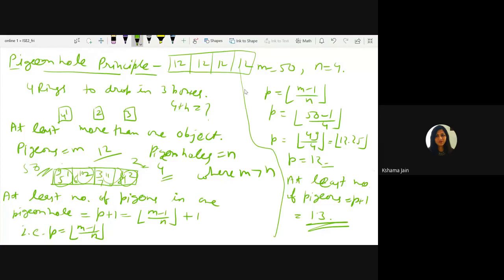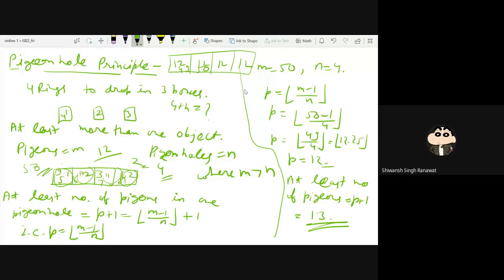So it is 48, but 2 are left. For those 2, 49 is supposedly coming here, and 50 is coming here. So at least one of the pigeonholes will have 13. That's why 13.